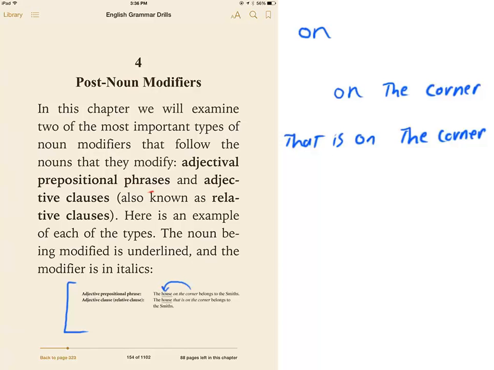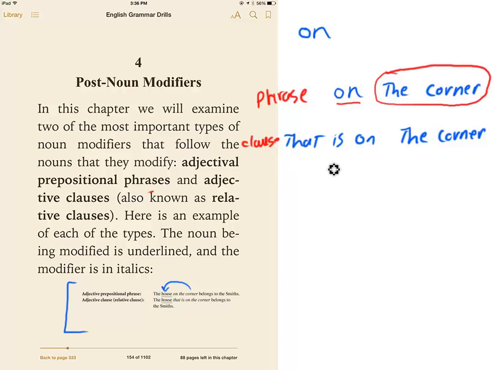Okay, so let's take a look at what makes this a phrase, and what makes this a clause. It's very simple. The phrase only has a noun: it has a preposition, on, and then the object of the preposition, which is the corner. It has a noun in it, and that's it. That's a phrase.